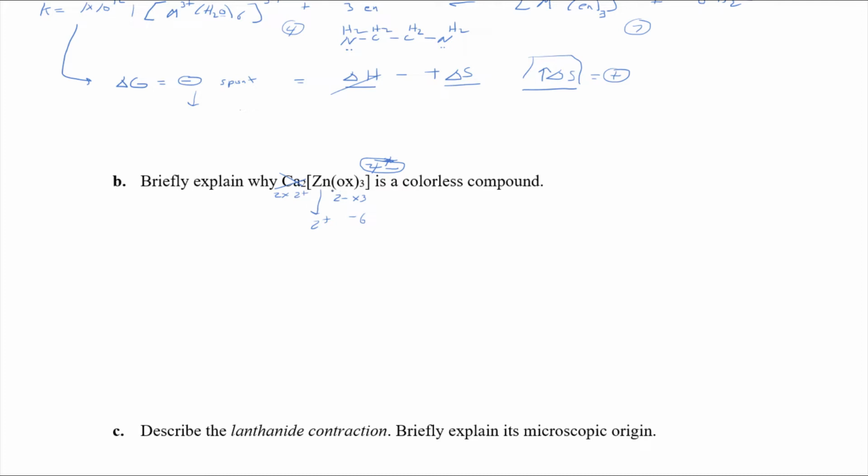So we only want to look at the complex. And if we know that we have zinc and that's in a 2 plus form, this is where you have to go to your periodic table and do an electron configuration, and that would be argon and 3d10. So this is an octahedral. There are 3 bidentates. That means you have 6 binding sites, which means coordination number 6, which tells you that's an octahedral.